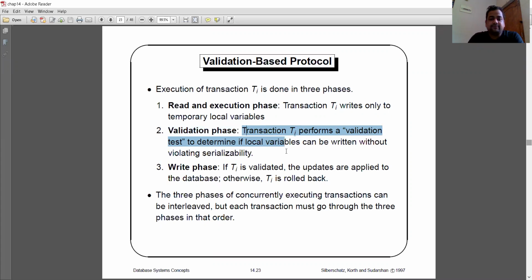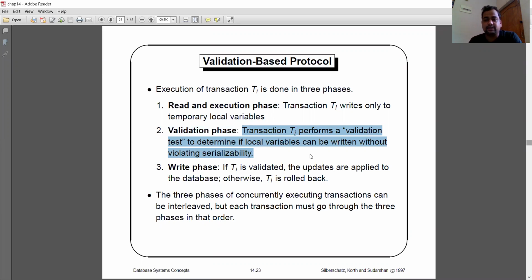The transaction Ti performs a validation test to determine whether the local variables can be written without violating serializability or not. So this is nothing but a testing phase, to test whether the transaction Ti can perform a write operation without violating the serializable property.